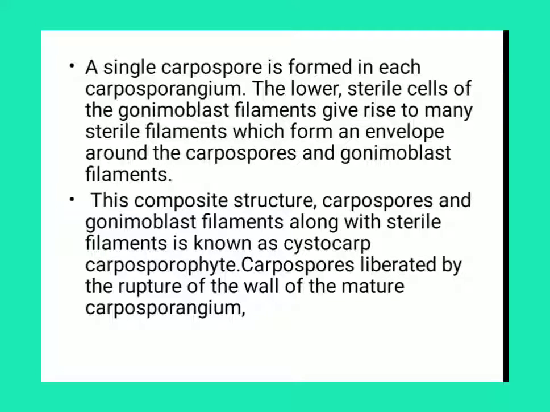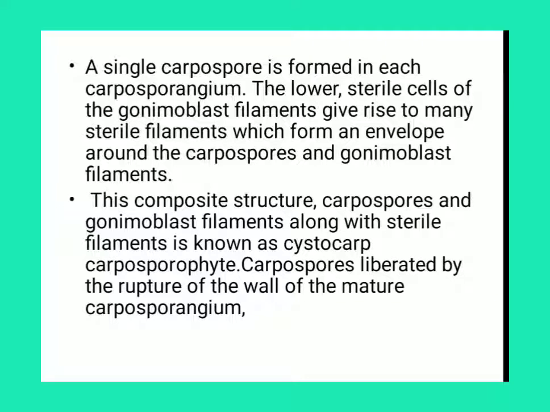This composite structure of the carpospore and gonioblast filament, along with the sterile filaments, is known as a cystocarp, or carposporophyte, and the carpospore is liberated by the rupture of the wall of the mature carposporangium.